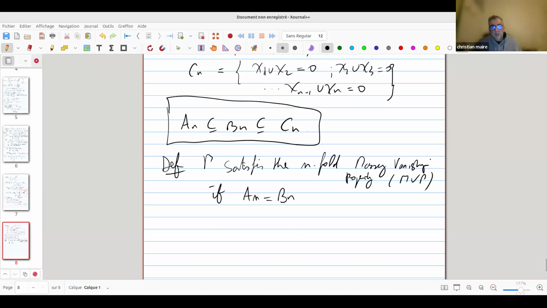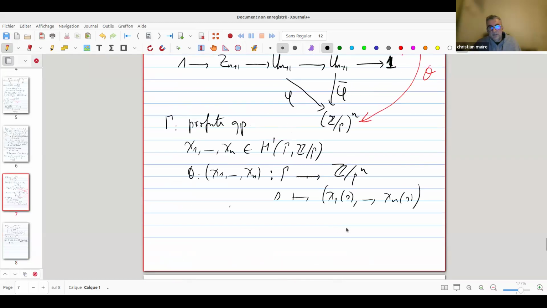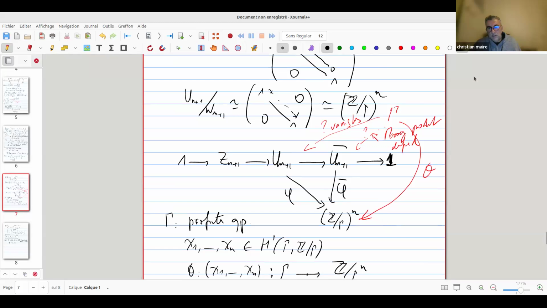So it means that for every theta, if you have a map here, then you can lift it to Un+1.